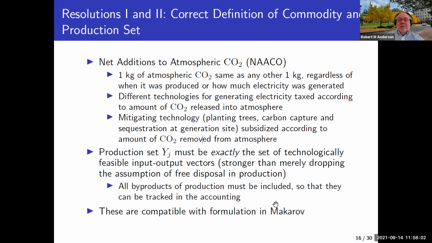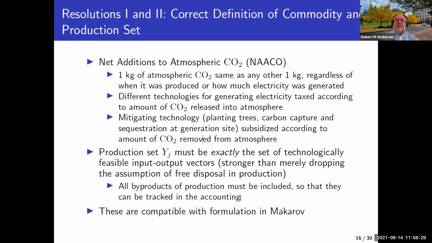This is a more subtle point, I think, because it's not really an assumption formally in the model. The model just takes the production set as whatever it is. I've criticized, I hope convincingly, the assumption that there's free disposal in production. But just avoiding the assumption of free disposal in production doesn't really solve the problem.